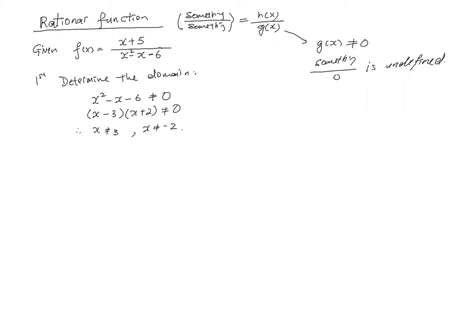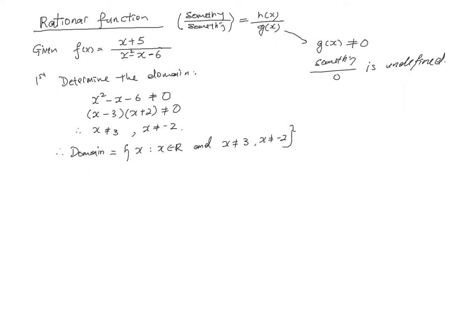So therefore, the domain is x, a member of the real numbers, and x cannot be 3, x cannot be -2. This is a rational function.